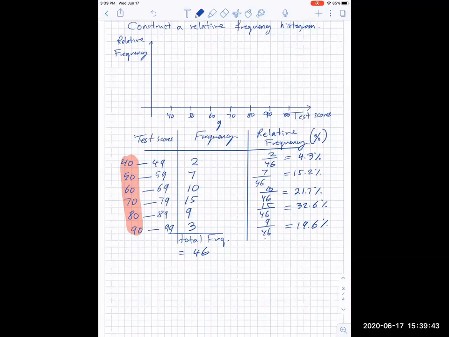And then the last class, 3 over 46, is 6.5%.